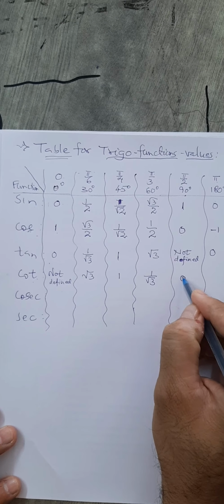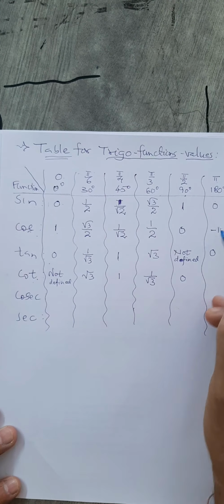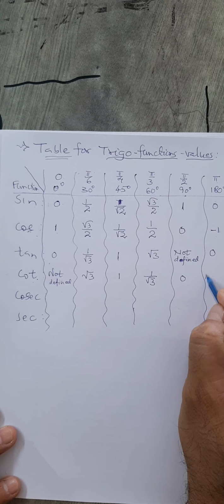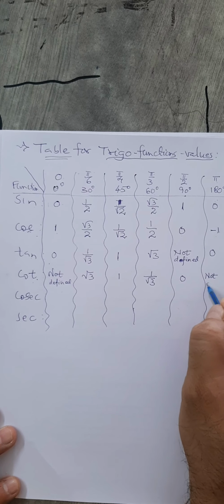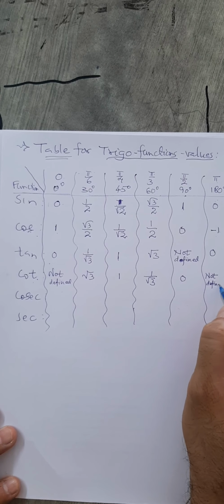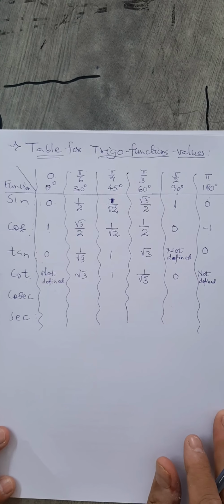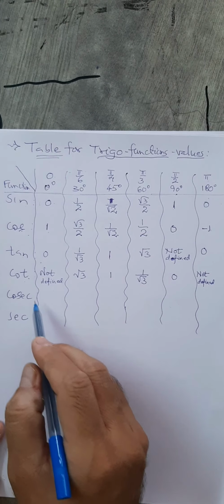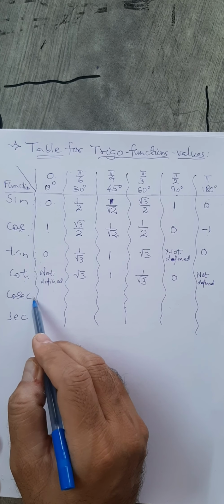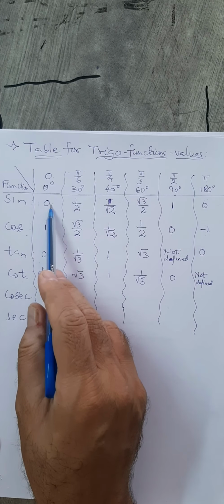So this is 0. Cot is cos upon sine, which is again not defined. Minus 1 by 0. Not defined. You know that this is minus 1 upon 0. So not defined.